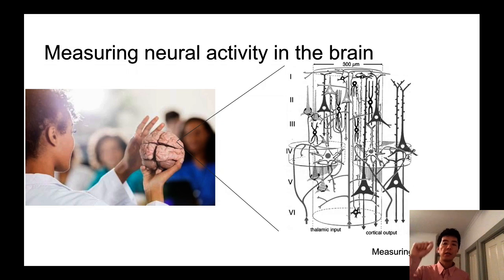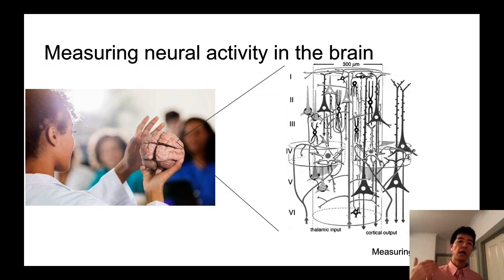Within this 1 to 2 millimeter cortex, the cortex is composed of, sometimes 5, and in most cases 6 layers: 1, 2, 3, 4, 5, 6. Each layer has a distinctive connectivity pattern to other areas and also within the areas.